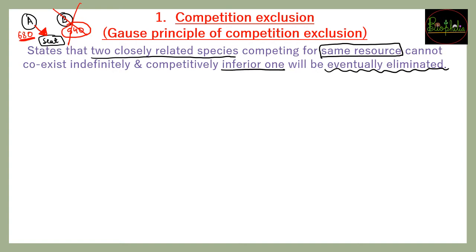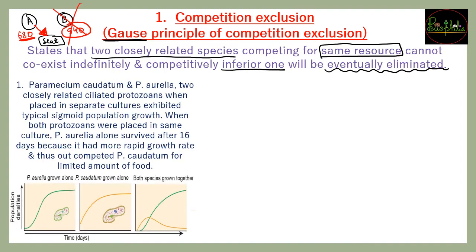So this was also the principle of Gause. So Gause एक person था who had given this principle of competitive exclusion. So first is going to be the example of two species. एक होगा Paramecium caudatum, and second one is going to be Paramecium aurelia. ये दो species हैं, both are going to be from the same genus.